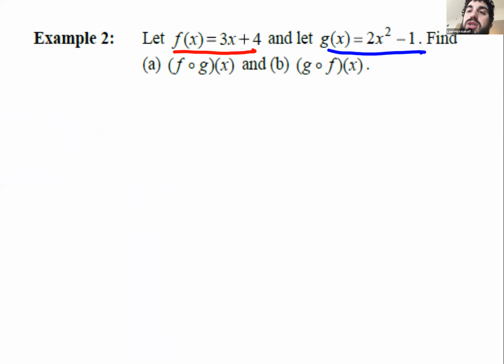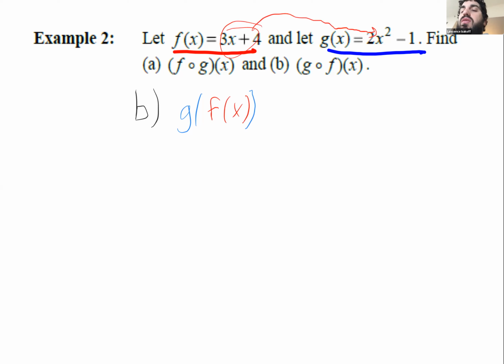So now I'm trying to do part B. Again, you had the full completed version of these notes on Schoology. I'm doing g of f. So wherever I see x in function g, I'm going to replace it with 3x plus 4. So let's start writing this.